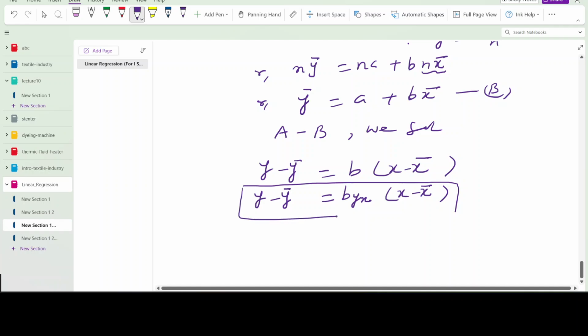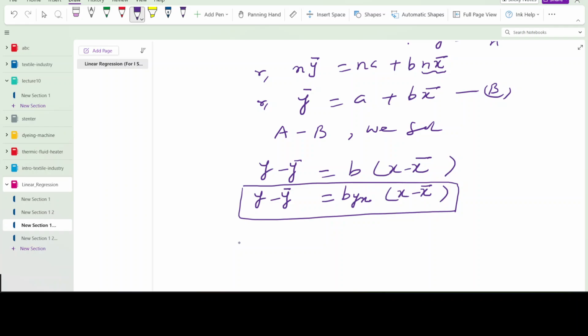This shows that the two regression lines intersect at x bar, y bar.